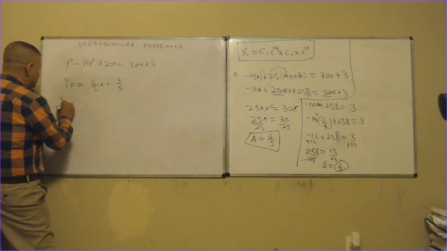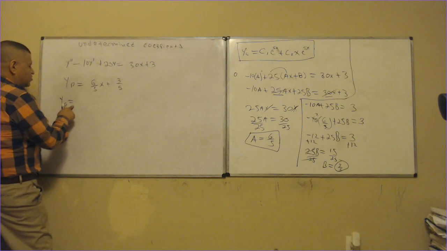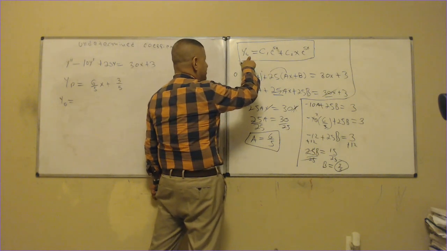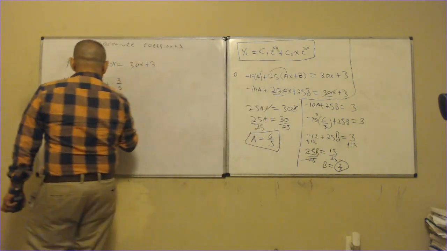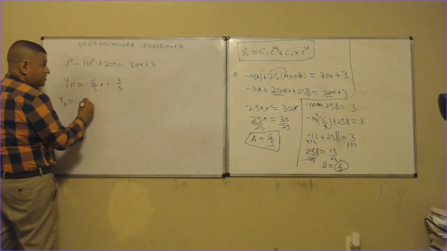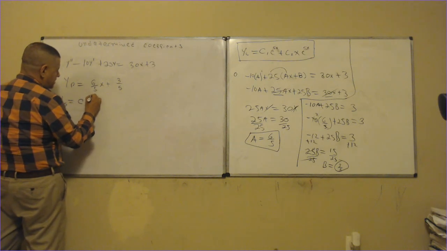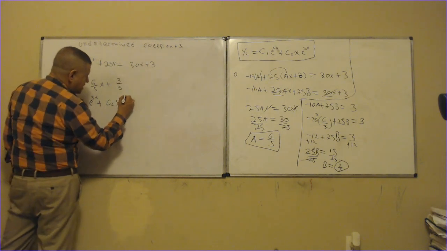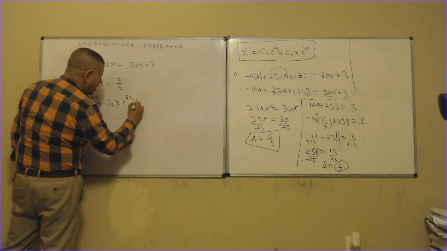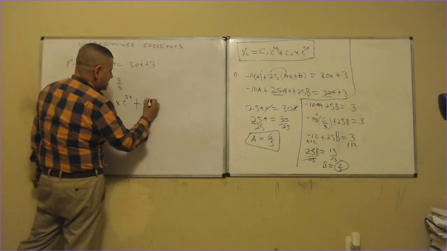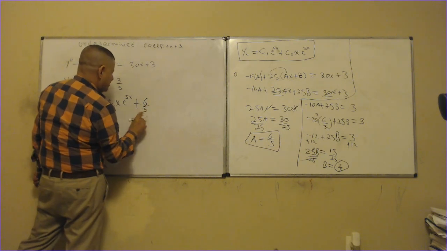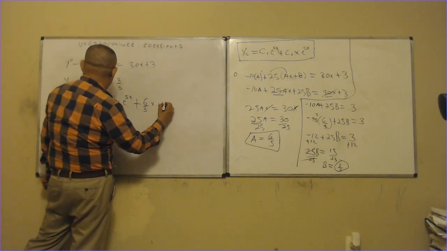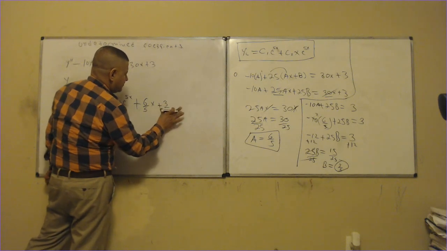The general solution is going to be my y_c, which is my complementary solution, plus my particular solution, which is going to be c1 e to the 5x plus c2 x e to the 5x, and then plus 6/5 x plus 3/5, right?